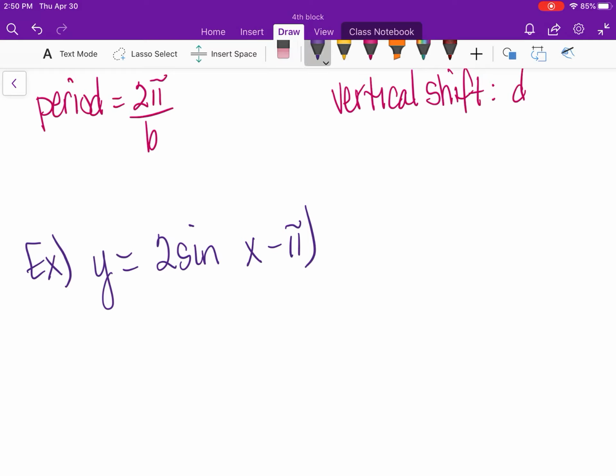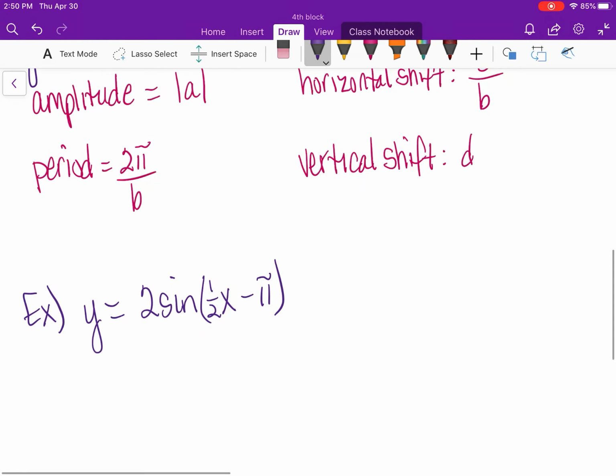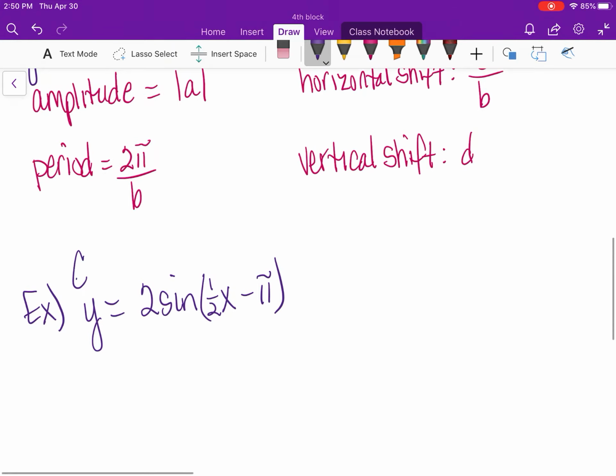Let's make this 1/2 x minus pi. There we go. Okay, using the formulas that we have back here, those 4 parts, the amplitude, period, horizontal, and vertical shifts, are the first thing you're going to identify anytime the problem tells you to graph.